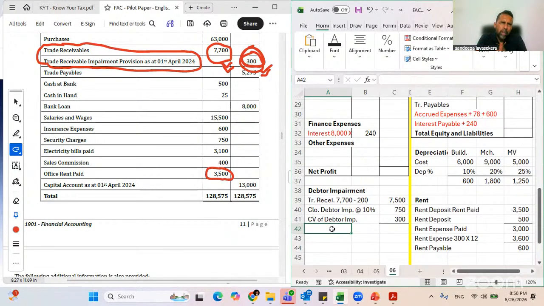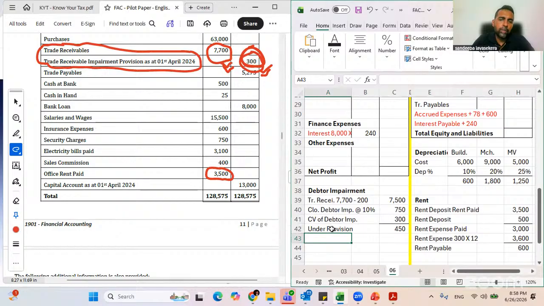That means already out of the debtors, 300 we have provided because we have a doubt. So we need to provide for the balance, the difference. So the under provision is 450.